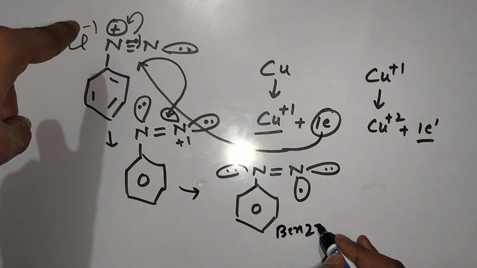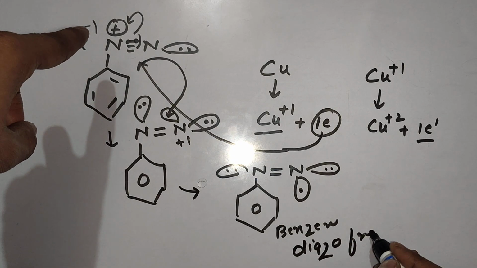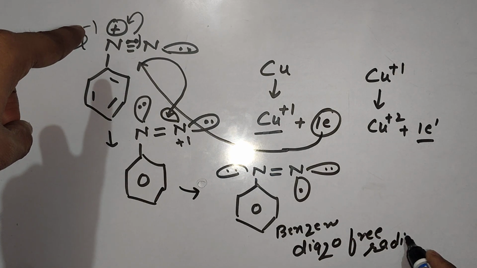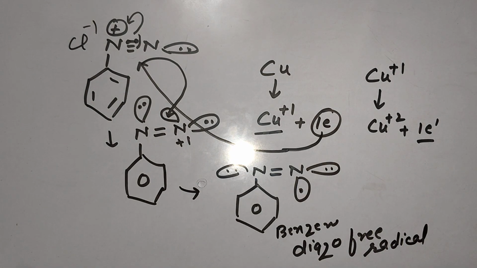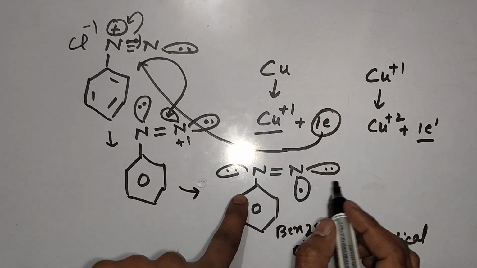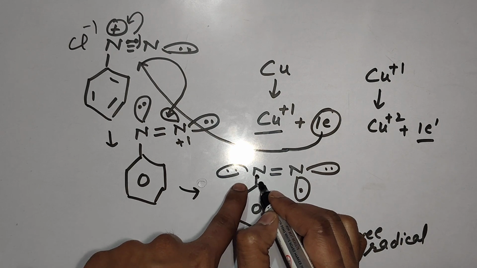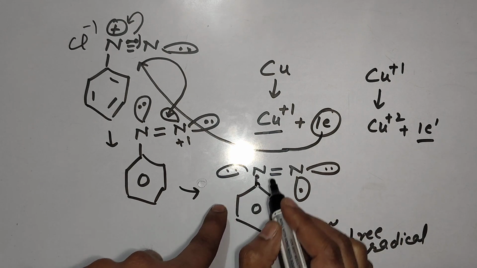This is the azo group, diazo group. Now, how will this unpaired electron get satisfaction? Obviously, the neighbor nitrogen, in this bond we have 2 electrons.